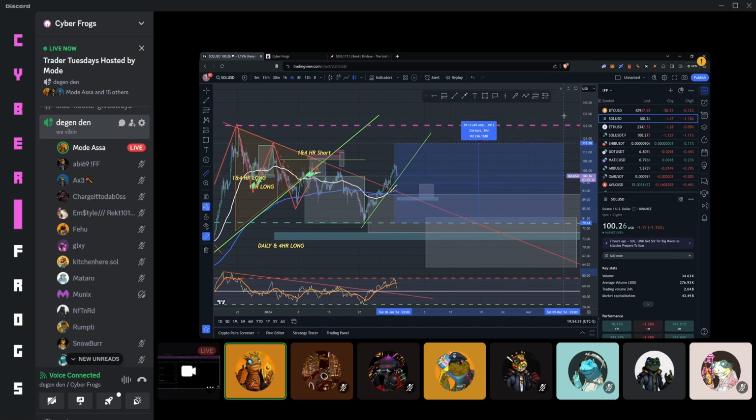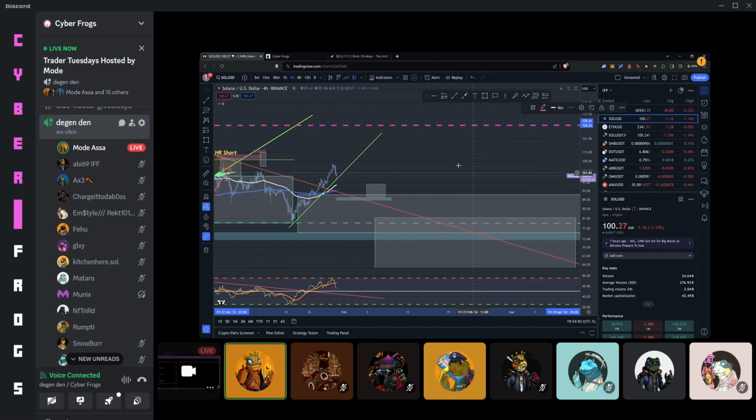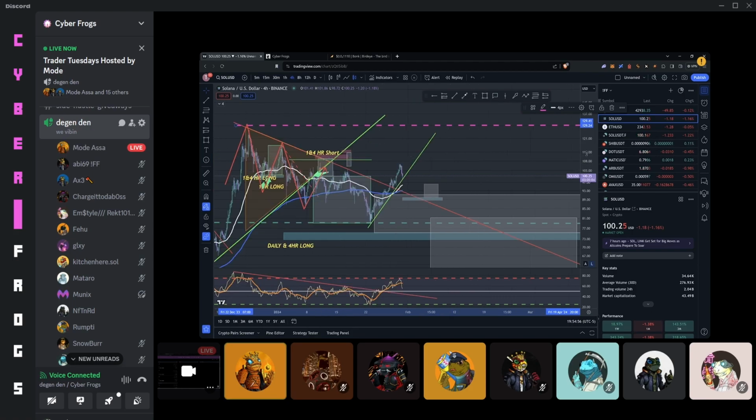That's why, if you look at this horizontal line, all it does is cover time, right? That's why I like these diagonal lines, because it covers time and price, right? It can be an indicator of not just price, but also time of when you may see that price.